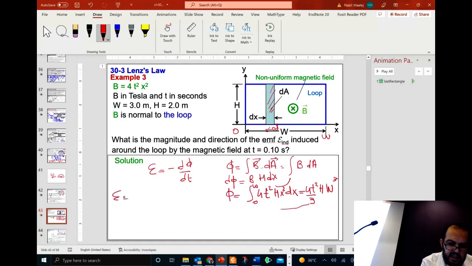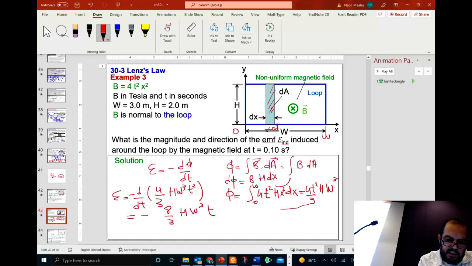The induced EMF is minus the derivative with respect to time of this flux, which is 4/3 h W cubed t squared. What's the derivative of t squared? It's 2t, so it's minus 8 divided by 3 h W cubed t. This is the induced EMF.